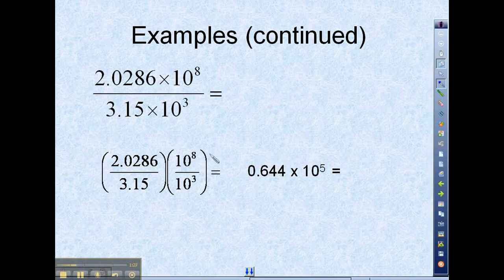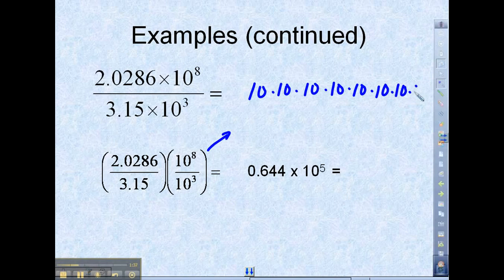Now, let me write what I did here out in expanded form. There's 4 of them. 1, 2, 3, 4. I think that's 10 to the 8th power. 1, 2, 3, 4, 5, 6, 7, 8. I'm dividing by 10 to the 3rd power.